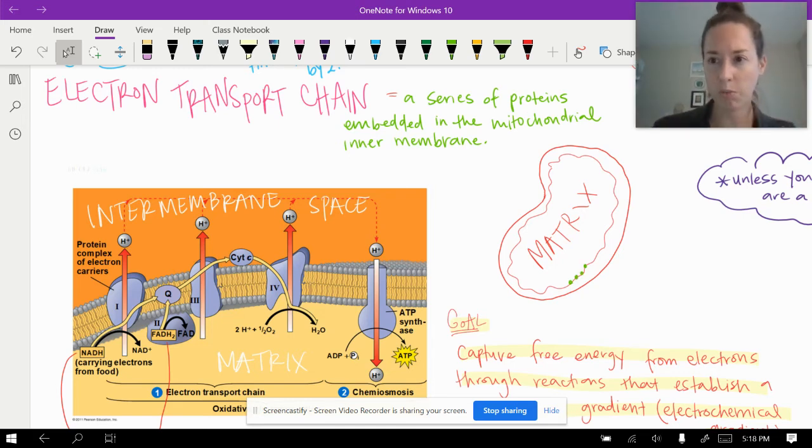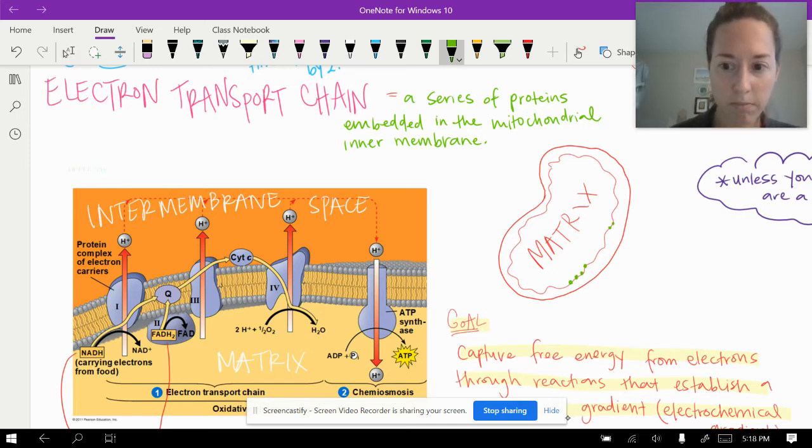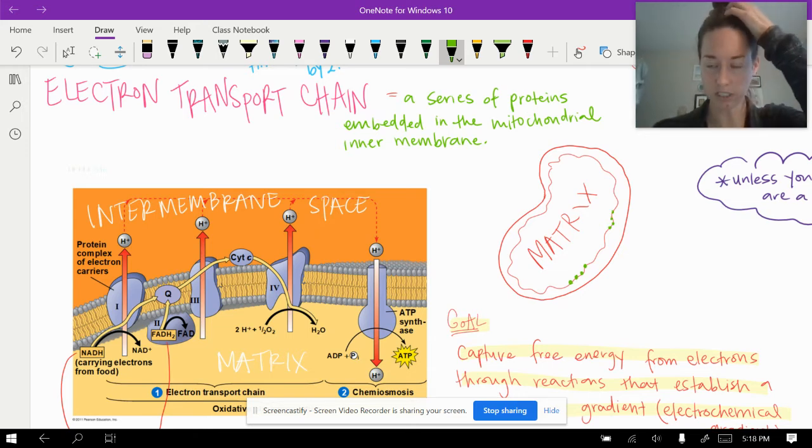Also worth noting that each mitochondria can have many electron transport chains. It doesn't only have one. There could be one there, and then another electron transport chain also existing. It's not one and done.